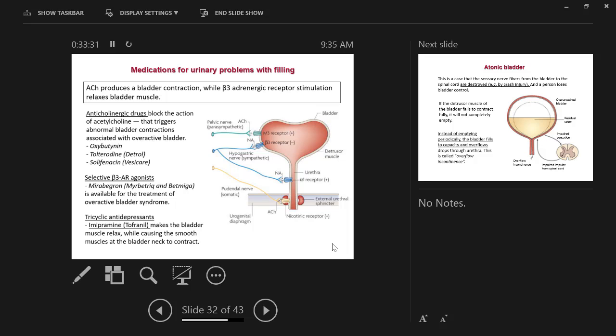So that's a filling problem. So once again, during the filling phase, acetylcholine produces a bladder contraction.